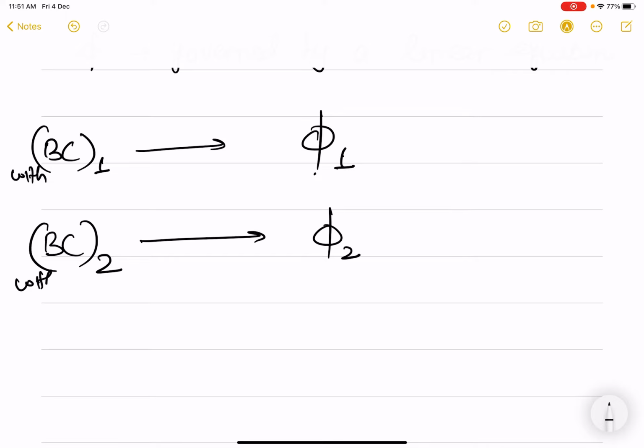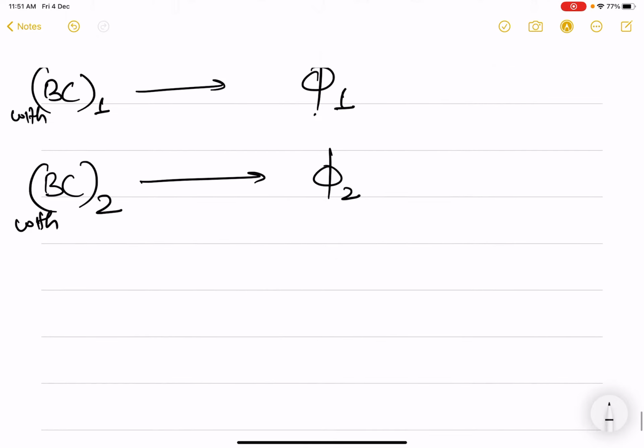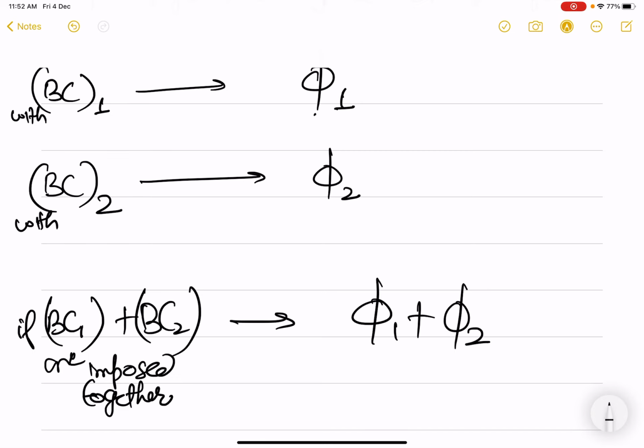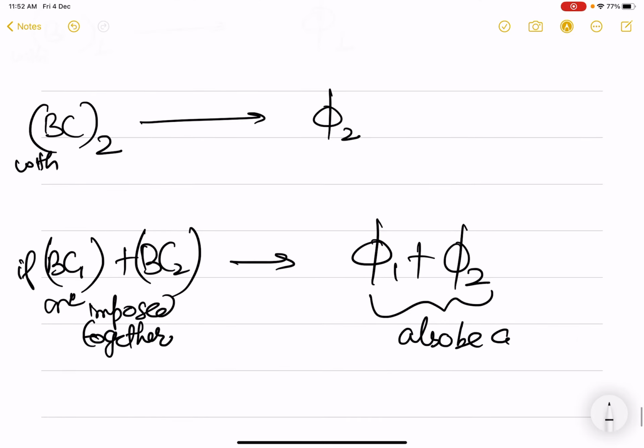With boundary condition 2, we get solution phi 2. Then if boundary condition 1 plus boundary condition 2 are imposed together, so we add the two boundary conditions, then phi 1 plus phi 2 will also give us the solution.